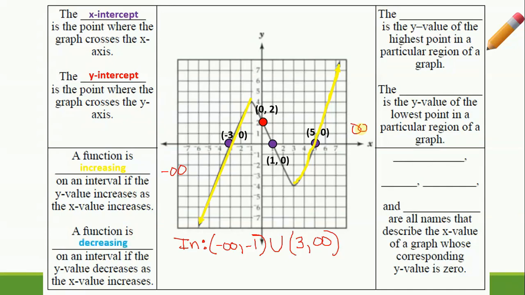So decreasing is where you look like you're going downwards. In this case I'm going downwards in one place on my graph. I am decreasing from the x value, because I'm decreasing on my domain, from -1 to 3. So this is me saying from -1 to 3, those x values, I'm decreasing.